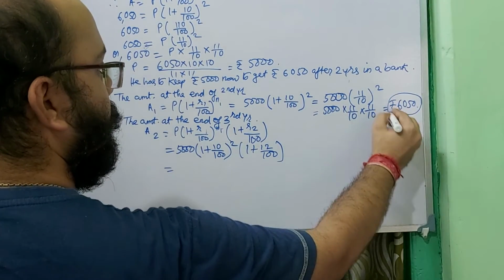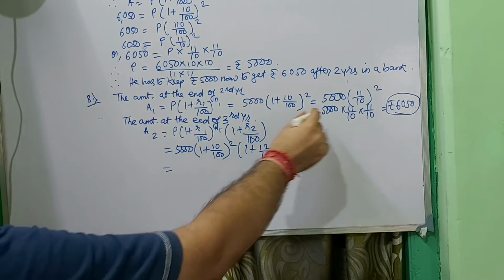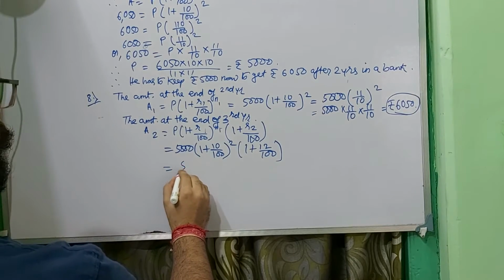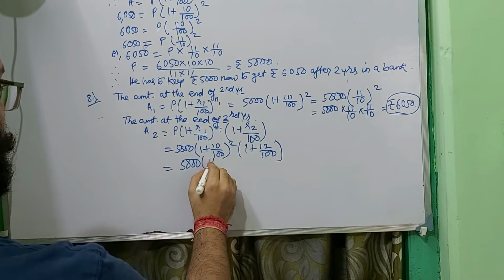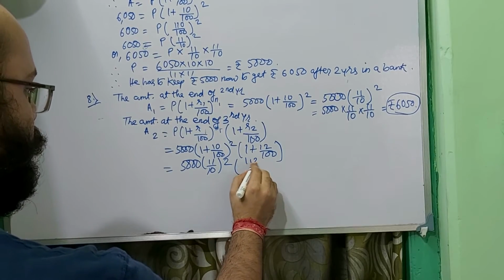You have calculated this. 5,000 into 1 plus 10 by 100 means 5,000 into 11 by 10, you can write that also again, 11 by 10 whole square, and this will be 112 by 100.